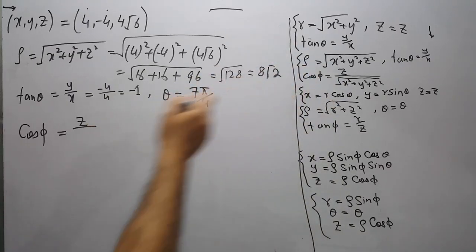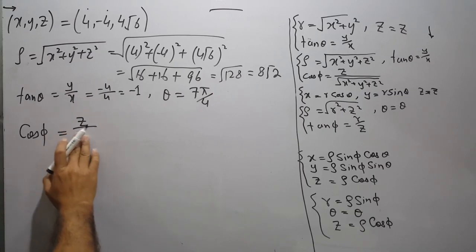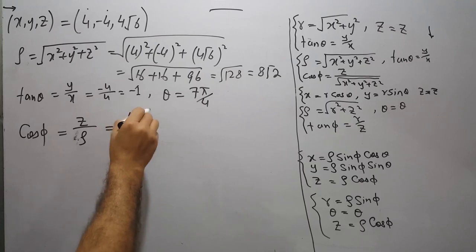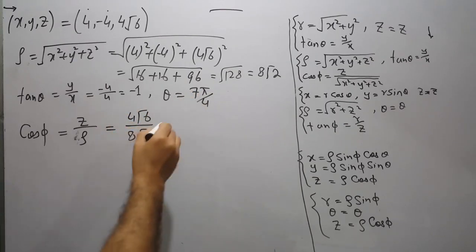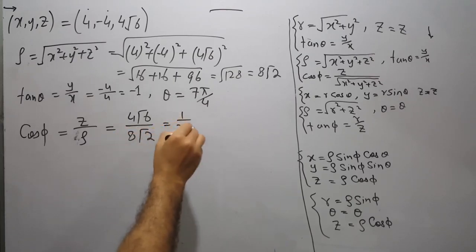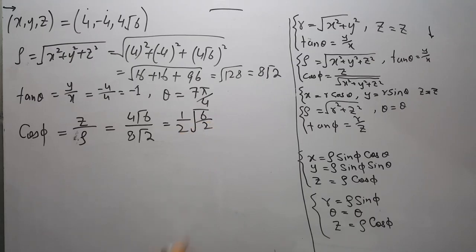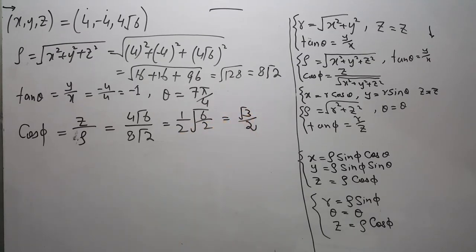Instead of writing all that, we have already found rho, which is 8 square root 2. So we write rho, and the value of z is 4 square root 6. You can see that this becomes square root 3 over 2.